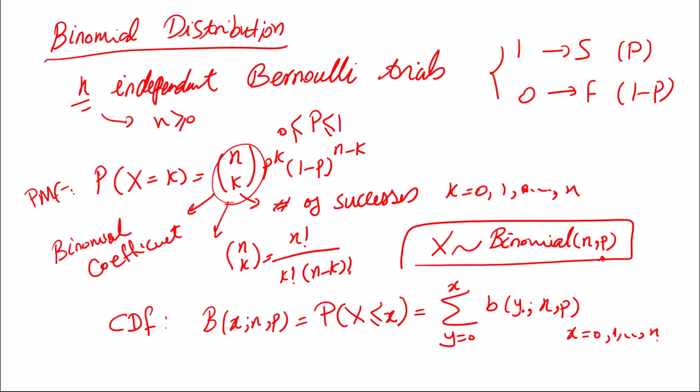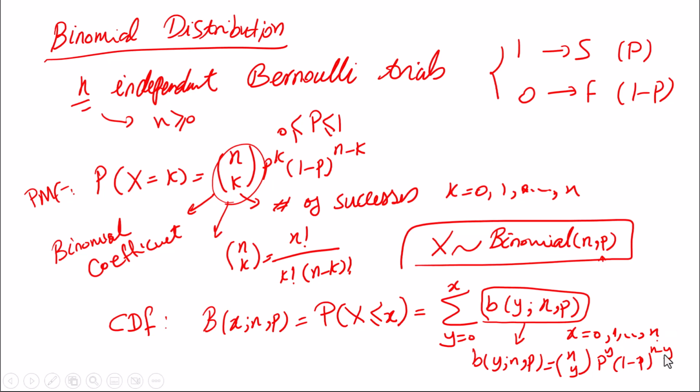So this b(y; n, p) is simply the combination of n and y, times p to the power of y, times (1 minus p) to the power of n minus y. This is the CDF for the binomial distribution function.